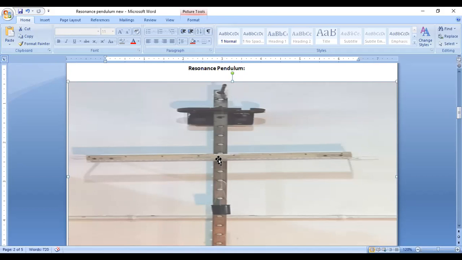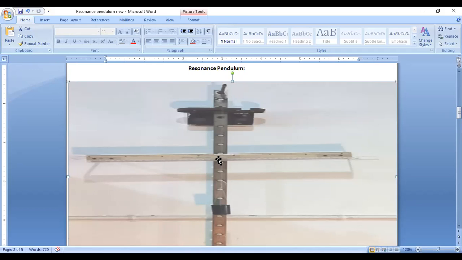Now if you give a small oscillation, then within the view of the telescope, you have a telescope eyepiece. So within the range of the eyepiece scale, you can observe the oscillating simple pendulum, and you can find out the amplitude of the simple pendulum.